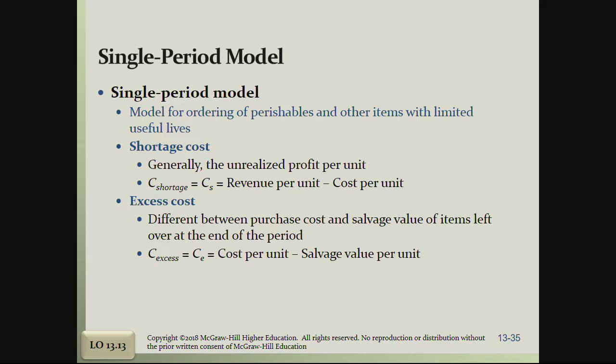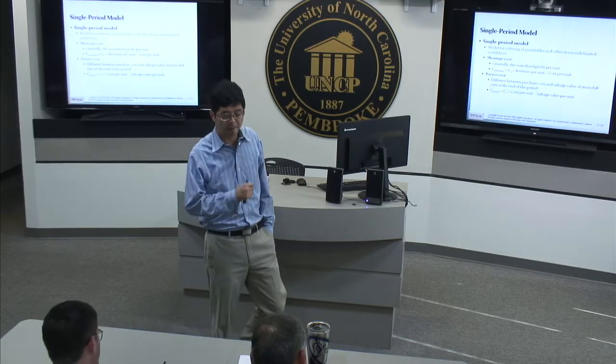One thing I want to remind you: everything we teach here is the basic model. In industry, in reality, when you estimate this shortage cost, usually it's higher than this unrealized profits. It's not just, okay, I don't have a newspaper today, so I lost 50 cents because I can't sell to you. No, usually the shortage cost is much, much higher than the unrealized profits. Do you know why?